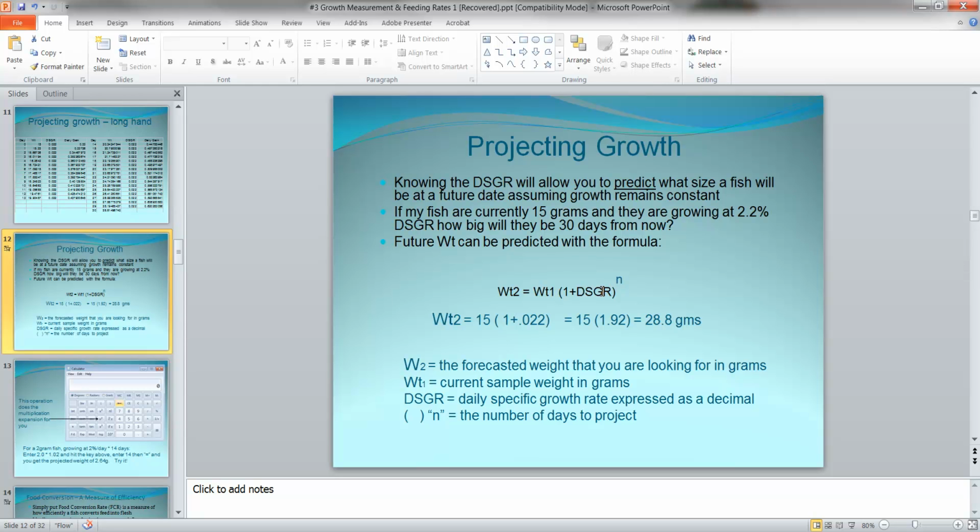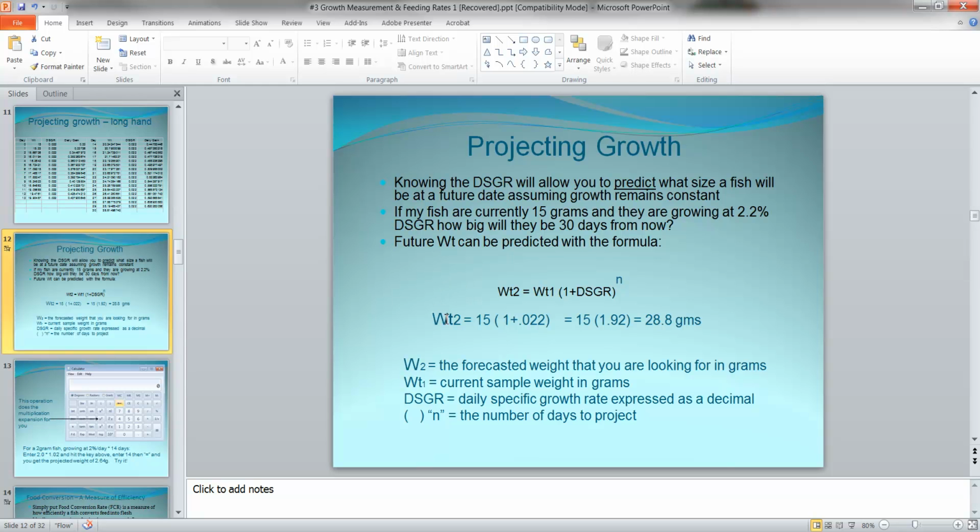I'll let you chew on that a little bit. That's really all this is doing, this 1 plus DSGR, your daily specific growth rate, to the n, which means it's going to redo that multiplication for you over and over, just like that table I just showed you did. It keeps adding a new weight, taking the new weight, and then adding the next new weight. It just keeps going for as many times as you tell it to.